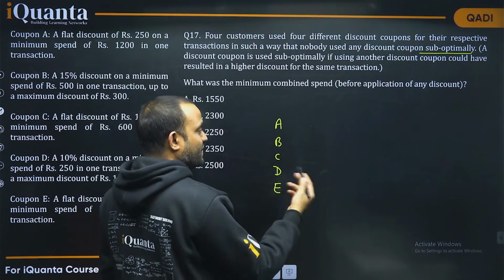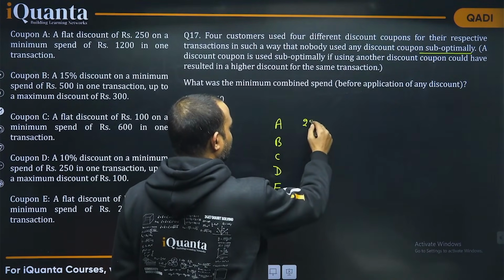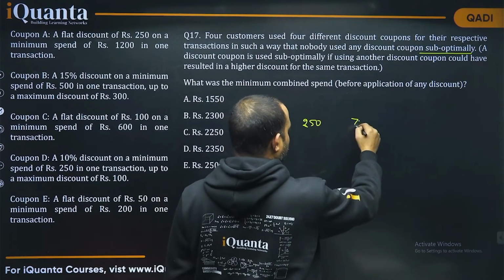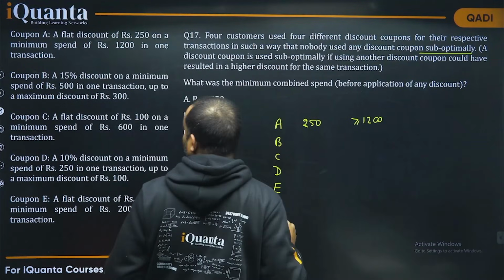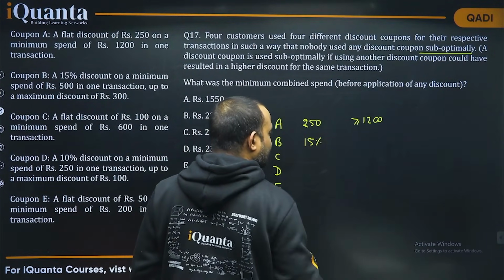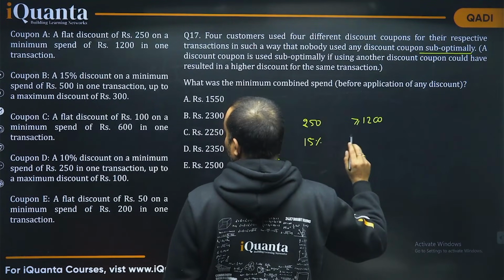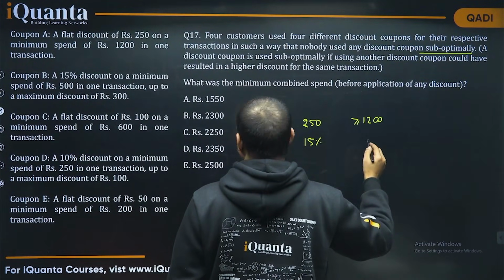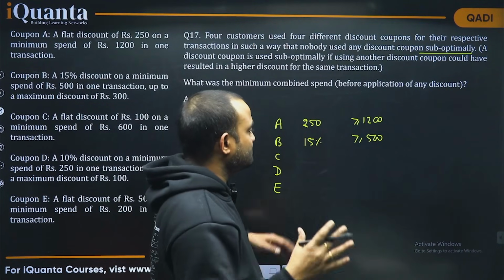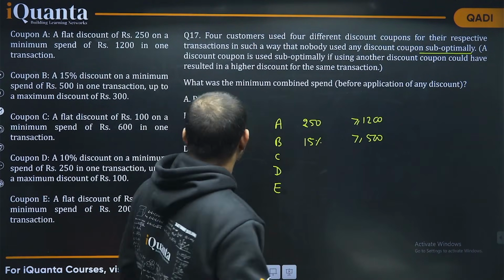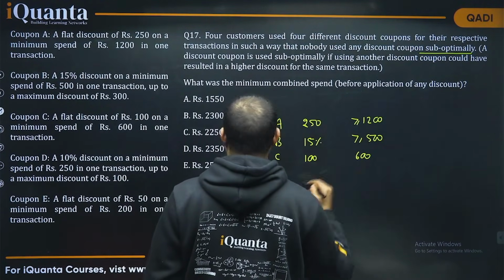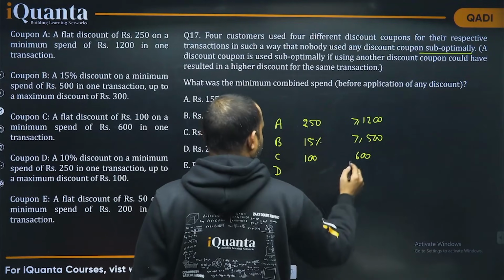Now in case of A, the discount is fixed, which is 250, and the amount that we need to consider is greater than equal to 1200. In case of B, the discount is 15% and the amount will vary from greater than 500, and at max at 2000 it will be optimal, right? In case of C, flat discount of 100, in case of greater than equal to 600.